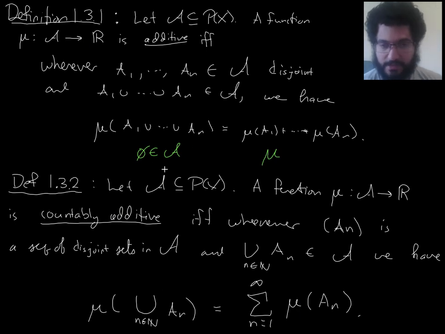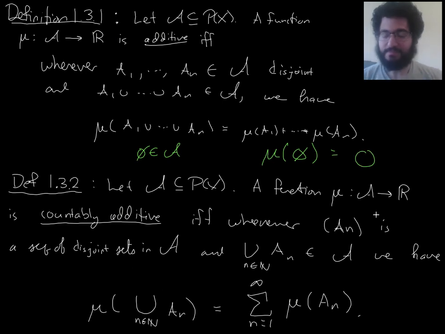Let's assume the empty set is one of the special sets, and mu is an additive or countably additive function. Then can you prove that mu of the empty set is 0? So this is one of these fun things. Maybe you can pause the video and try it. And here's my suggestion for how to do it.